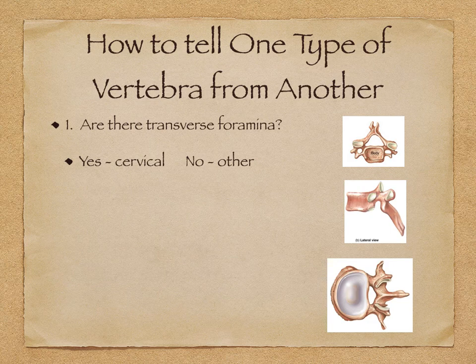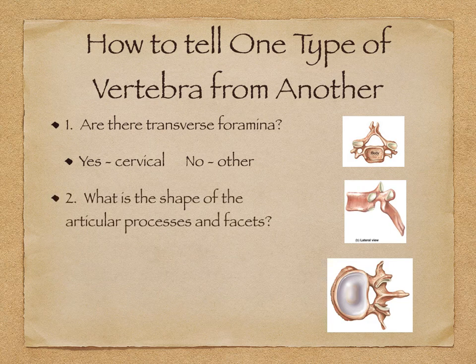So you need to ask a second question then of yourself to distinguish between the two. And the best thing to do here is to look at the shape of the articular processes and facets. So here in the thoracic vertebra, they're very flat.